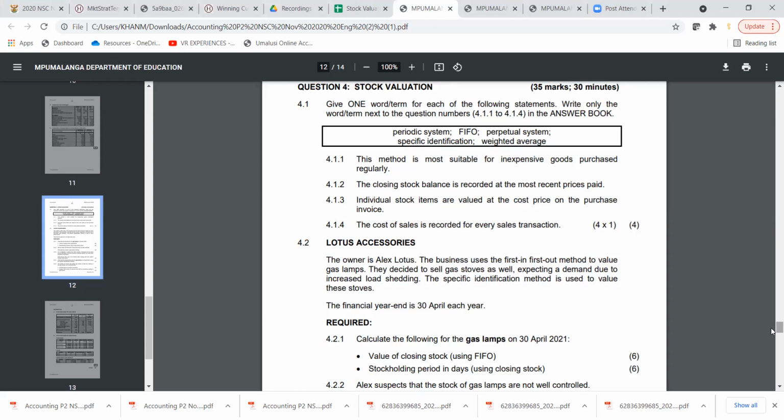Or, mostly in the academic world, we calculate the weighted average cost once, at the end of the year. So we say opening balance plus all purchases, divided by opening units plus purchase units, and we get a weighted average cost. That weighted average cost gets used to calculate cost of sales for the year.